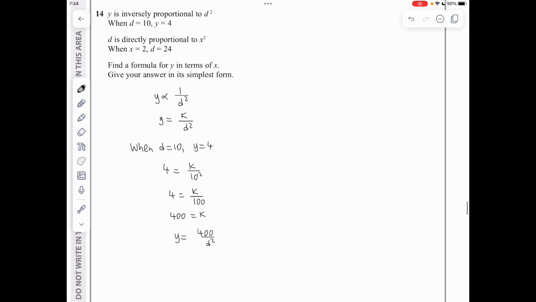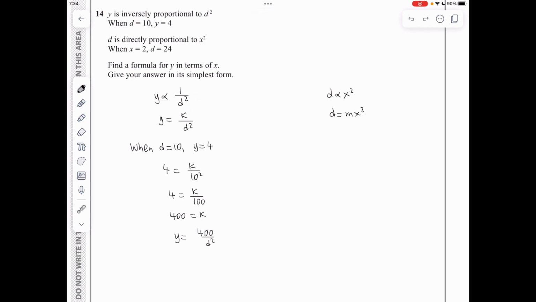At the same time, we are told that d is directly proportional to x squared. So we have that d is proportional to x squared, so d is mx squared. Notice that I'm using a different constant of proportionality to avoid confusion with the first constant of proportionality I have introduced.